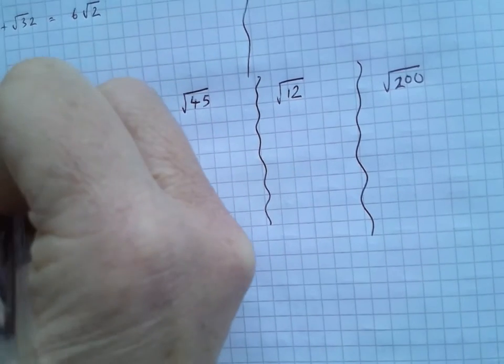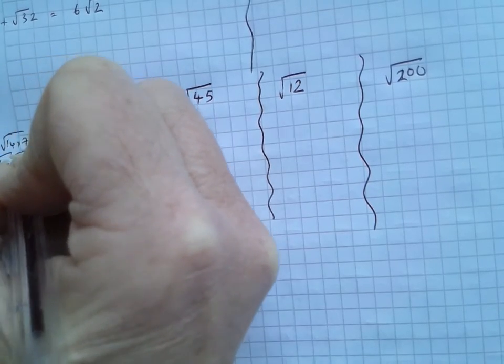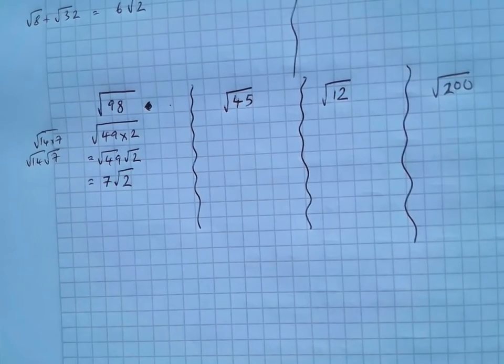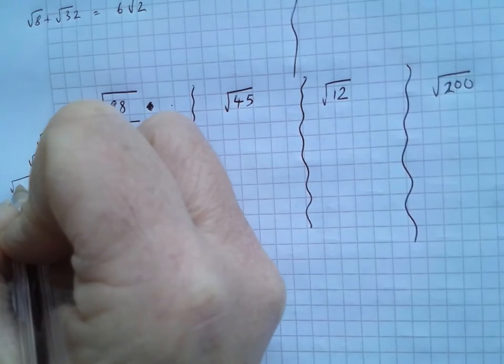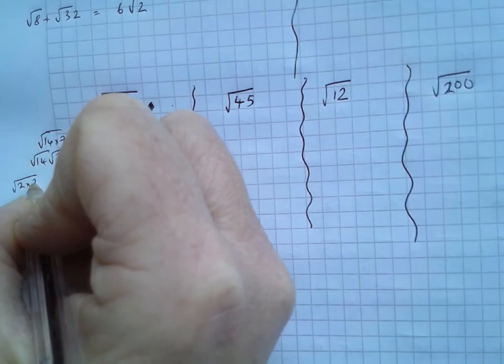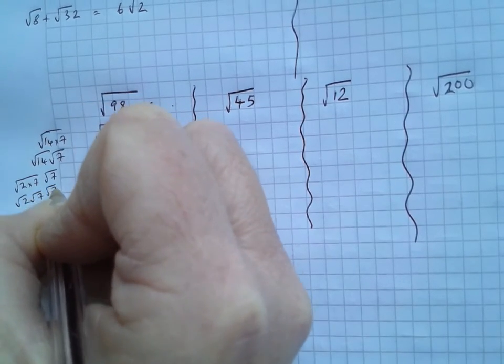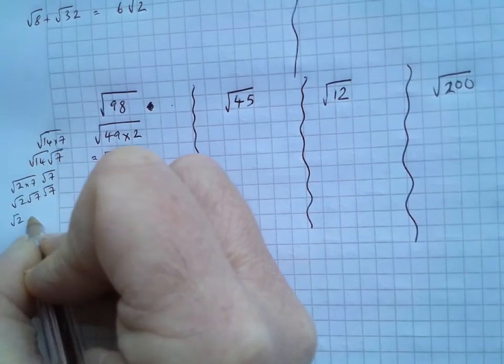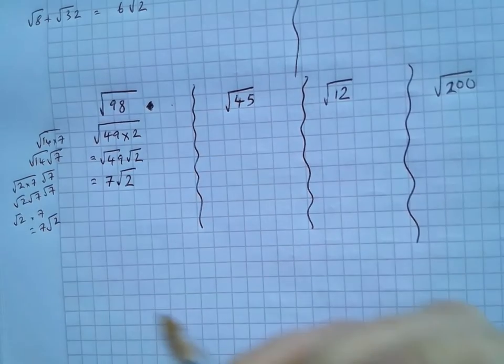Root 14 by 7 is just root 14 root 7, which is useless. Now, I suppose if you messed about here, you could say, well, 14 is 2 by 7. So you'd have root 2, root 7, which would work out to be root 2 by 7, and you'd end up with the same answer. But look how much messier it was to get there.